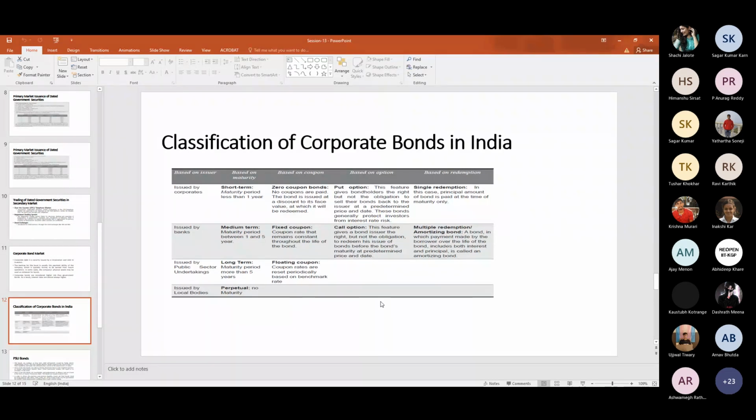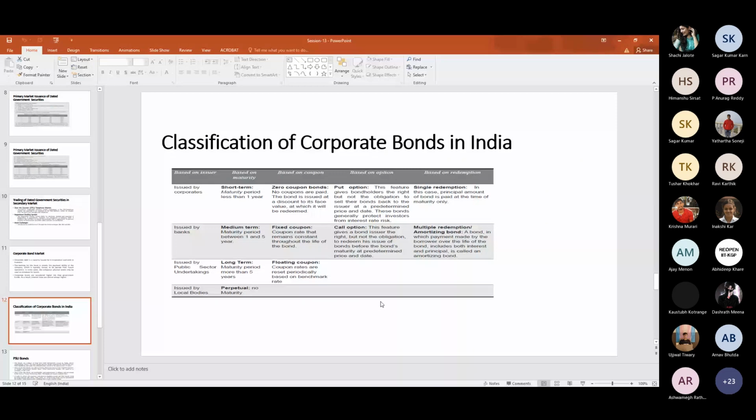But there are floating rate bonds also available, where the coupon rates are reset periodically based on the benchmark rate. The coupon rate can be changed; there will be a benchmark rate, a base rate, which will be mentioned before. So depending upon the market fluctuations or market interest rate, the coupon also can be changed. But within that period, the coupon may not be changed.